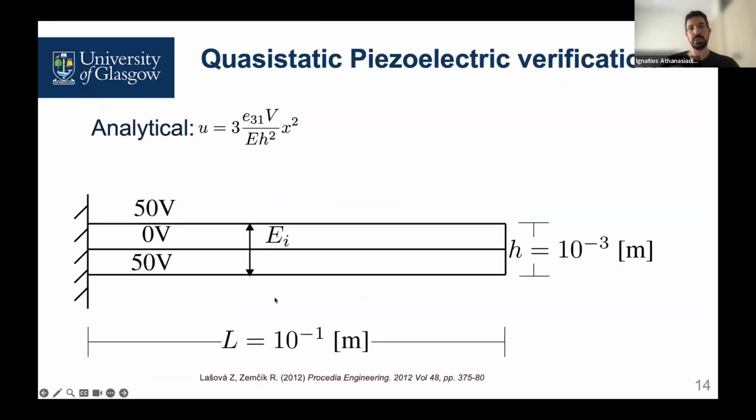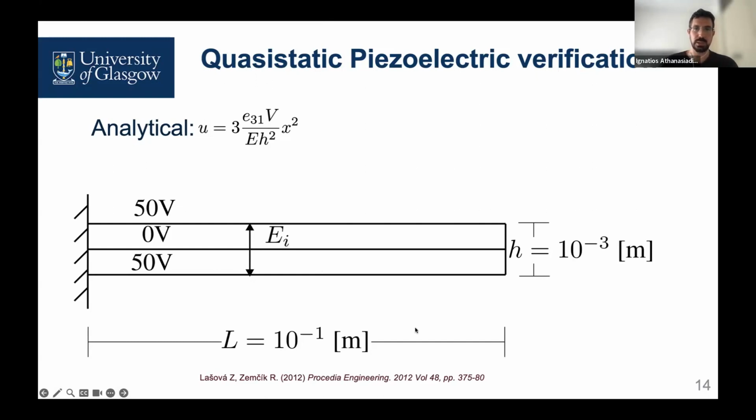So to verify the model, we did a verification that is for quasi-static conditions. Here you can see a cantilever that is made of the same material on top and bottom, but there is an opposite gradient of electric field, upwards for the upper part and downwards for the lower part.